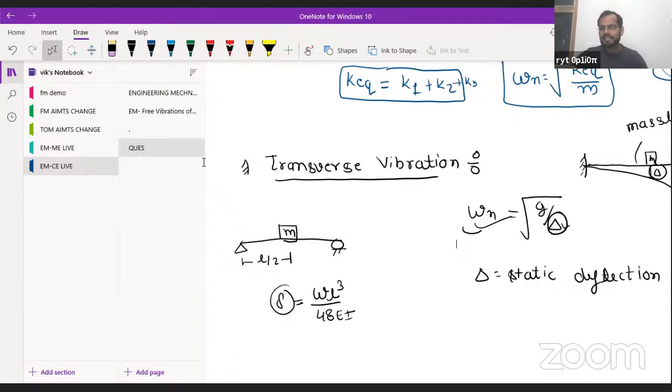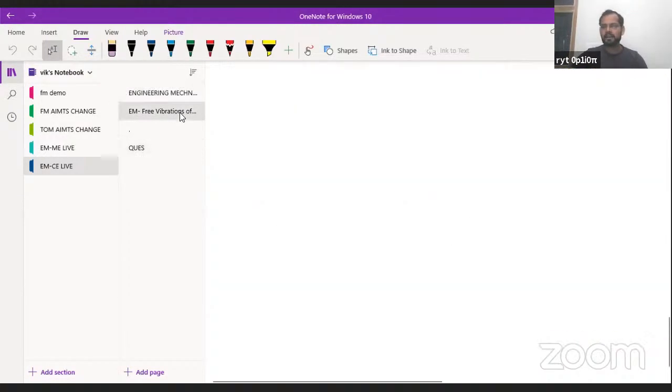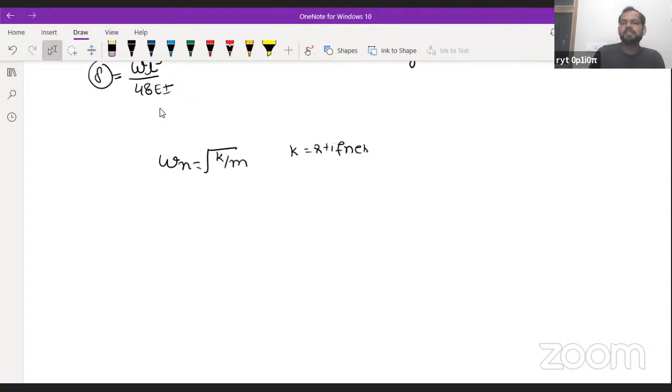Okay, so Taizim is saying, sir, can you explain the terms in the formula once more? Okay, so the natural frequency is nothing but root k by m, where k is the stiffness of the system, because it causes the restoring force. M is the mass or the inertia of the system.